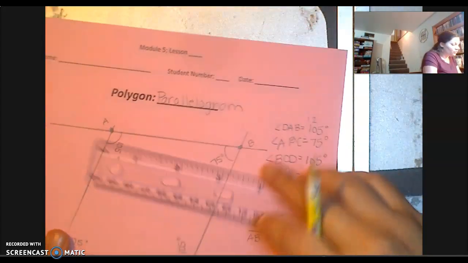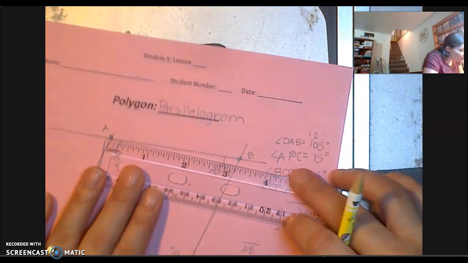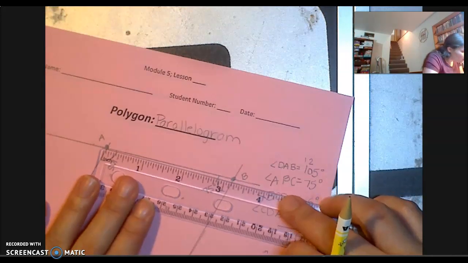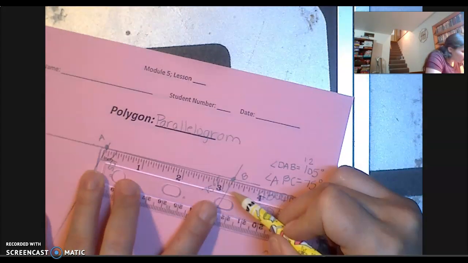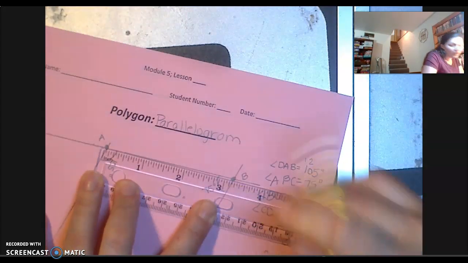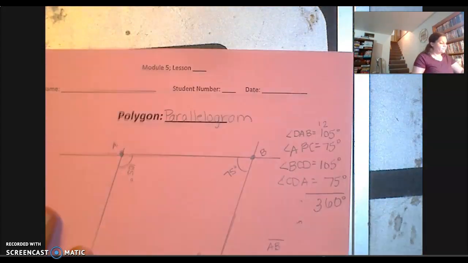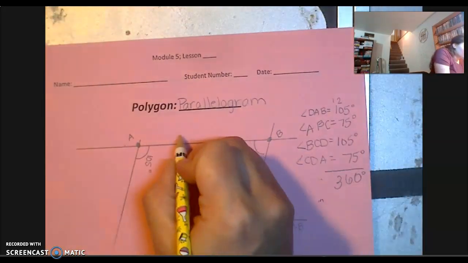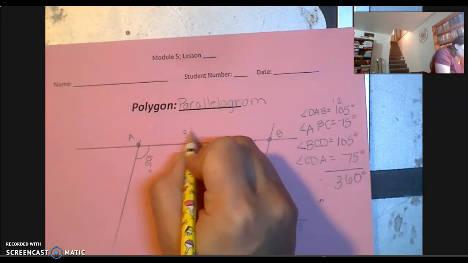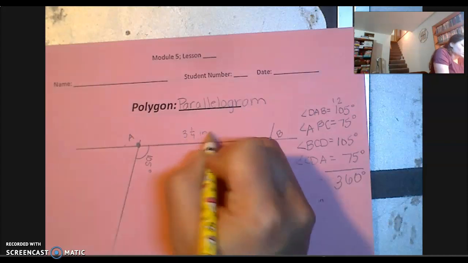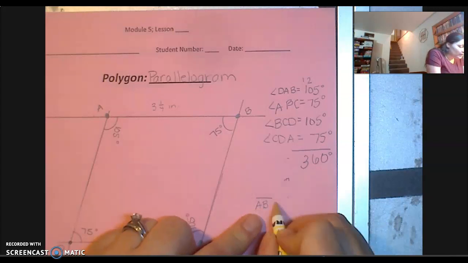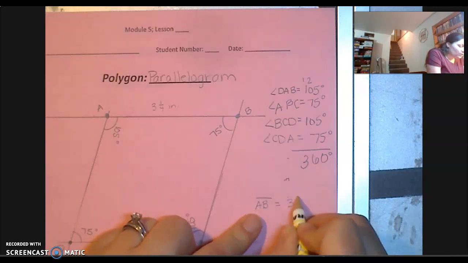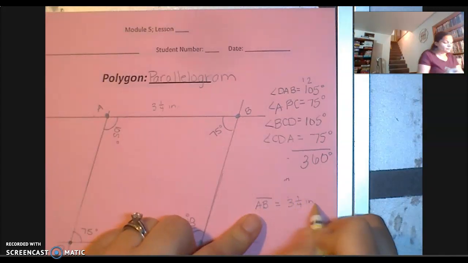I'm going to line my ruler up, and it looks like this line segment is equal to 3 1/4 inches. So on top of it, I'm going to write 3 1/4 inches. Here I'm going to write line segment AB is equal to 3 1/4 inches.